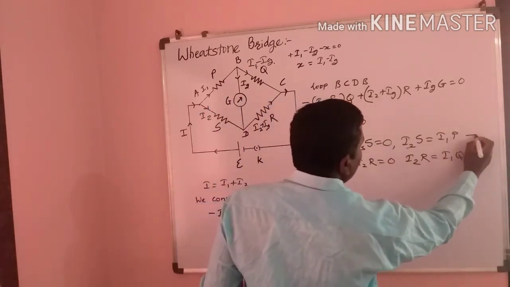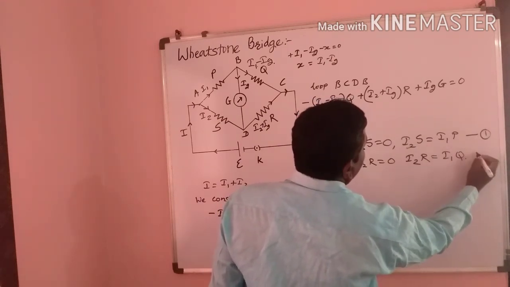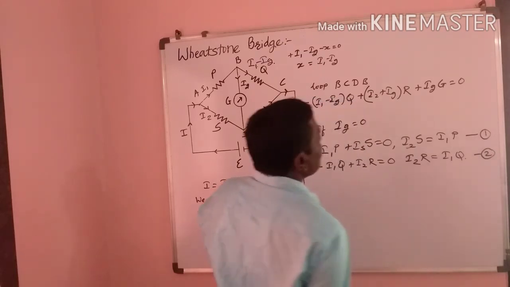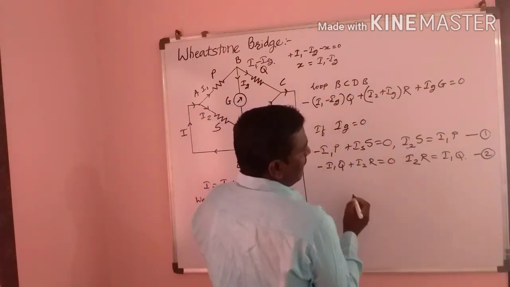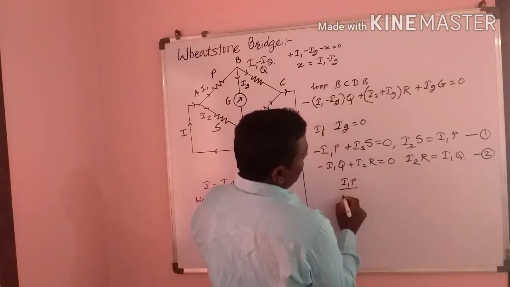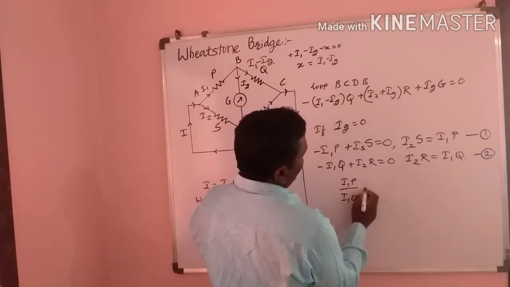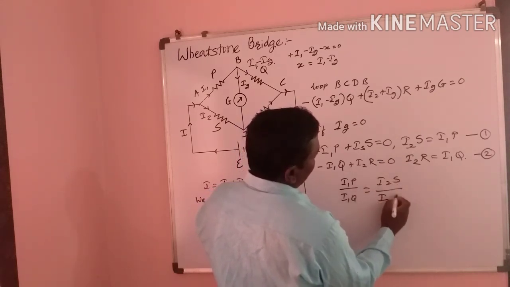Consider these as equation 1 and equation 2. Dividing equation 1 by 2, we write I1P upon I1Q is equal to I2S upon I2R.